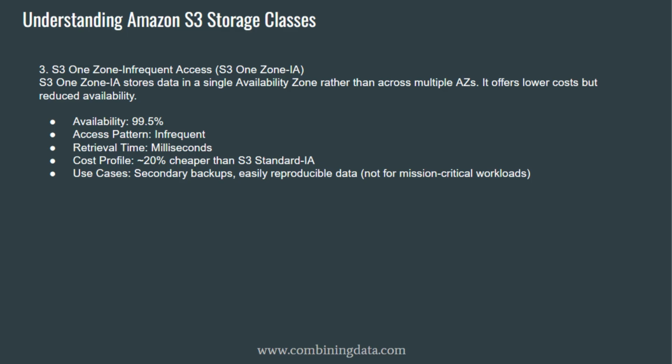S3 One Zone Infrequent Access is similar to Standard IA, but it stores data in only one availability zone. This reduces cost further, but also reduces availability, so it should only be used for data that is easily reproducible and not mission-critical, such as secondary backups.